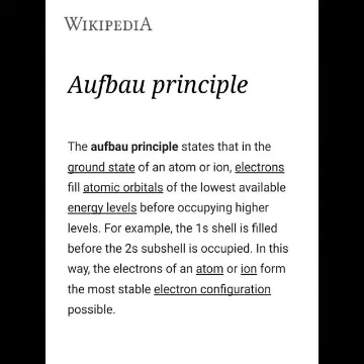Similarly, consider two orbitals with the same value of n plus l, for example 4s and 3p. For the 4s orbital the n plus l value equals 4, and for the 3p orbital the n plus l value is also 4. So the one with the smaller n has the lower energy.